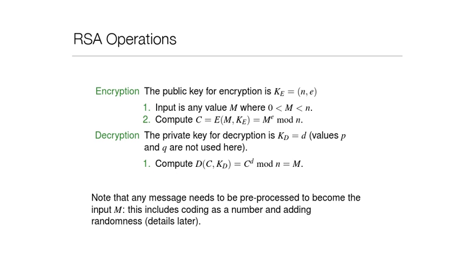And this is how RSA does encryption and decryption. The public key for encryption is N and e, as I told you in the previous slide.